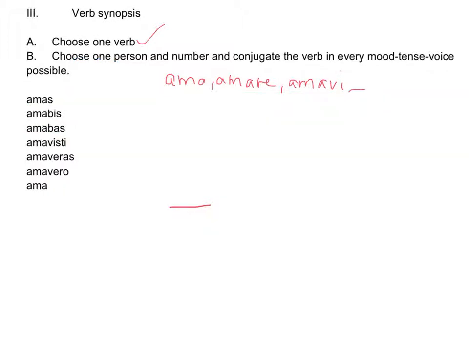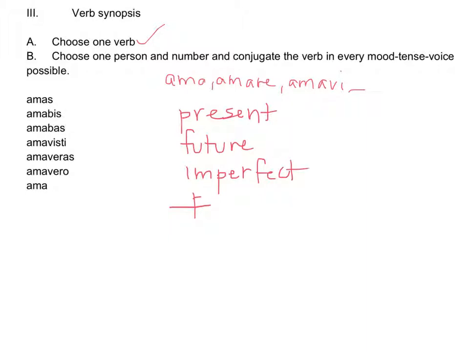Let me write that list of the order in which I would prefer you do it in. The indicative present, the indicative future, the indicative imperfect, then the indicative perfect, the indicative pluperfect, and the indicative future perfect.